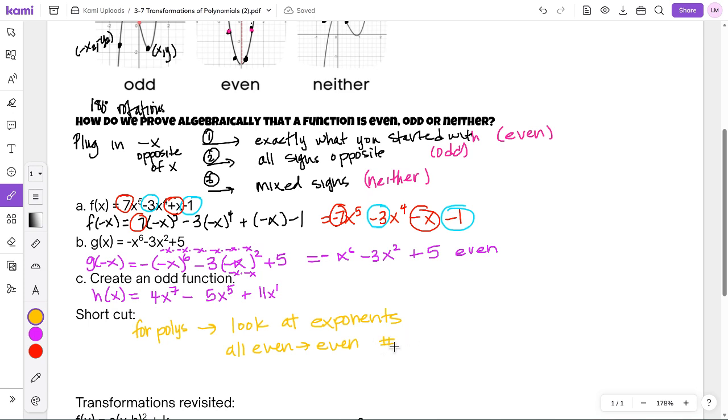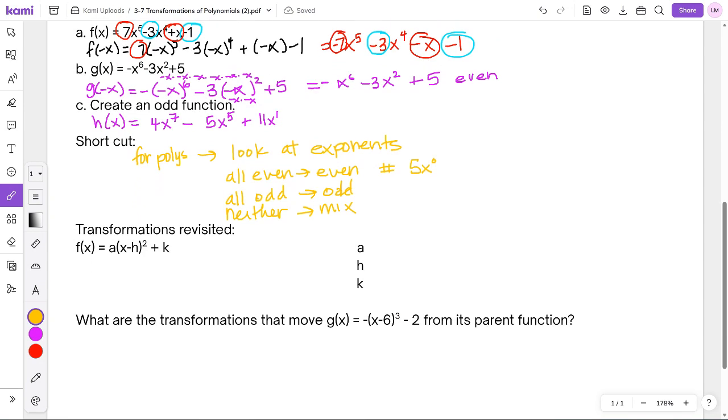A number has an even exponent. So if it's just a 5, it's x to the 0. 0 is an even number, right? All odd, I would have odd exponents. No number hanging out by itself. And a neither is a mix. All right, so that's a shortcut. Still have to prove it algebraically.